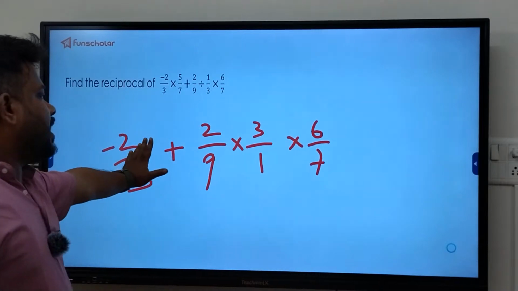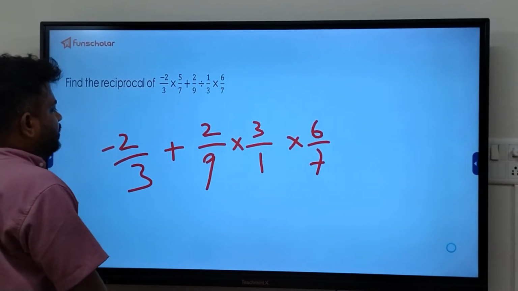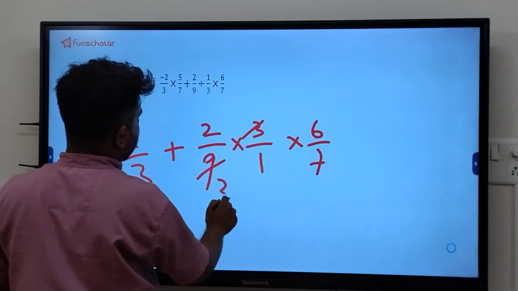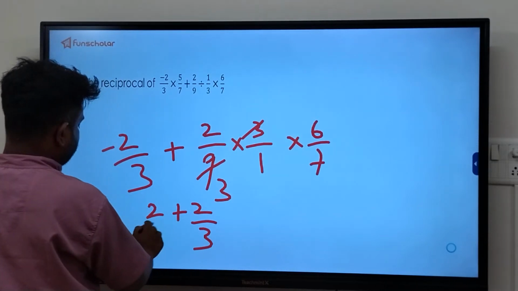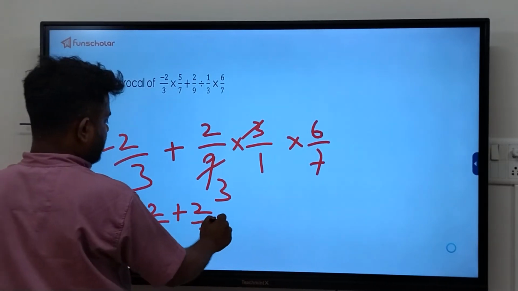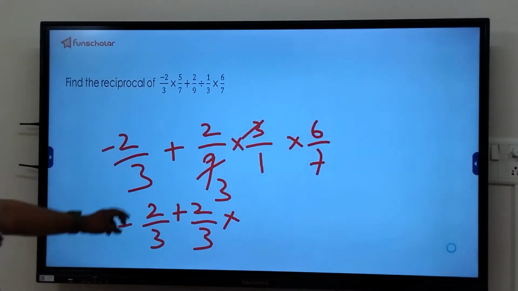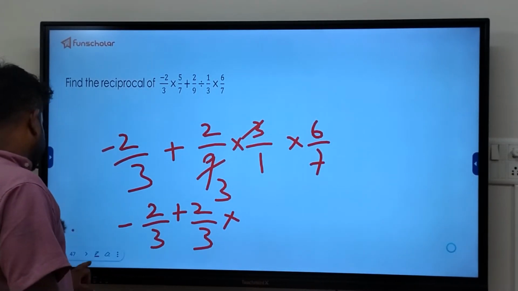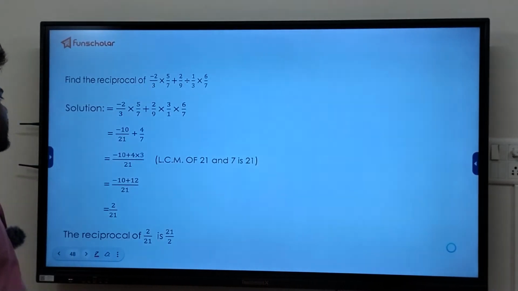I mistook it for the multiplication sign. So 3 and 9 will get cancelled to make it 2 by 3, and here is 2 by 3. Oh, sorry, we have also missed the 5 by 7. It's been done in the next slide, so see it from here.